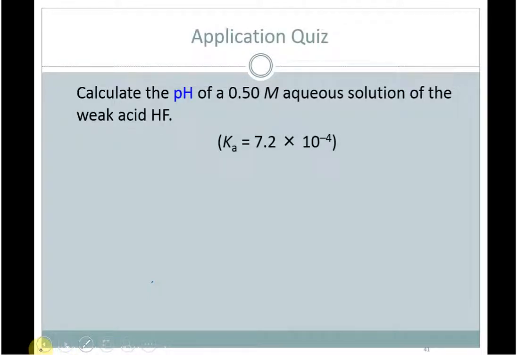There we go. So calculate the pH of a 0.5 molar aqueous solution of HF. Same thing as before. We know that HF in water is going to ionize as H3O+ and F-. We also know that we have 0.5 molar initially.